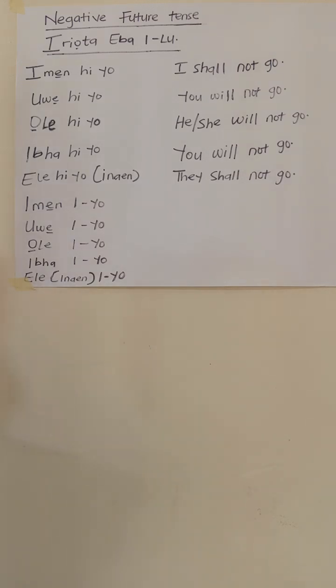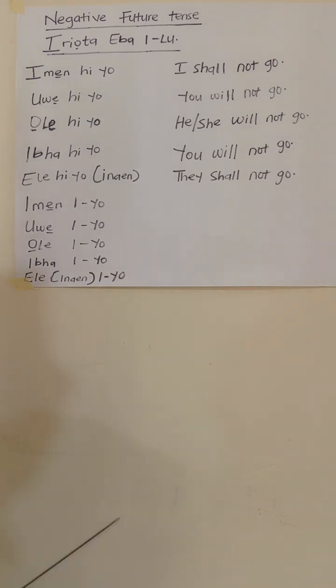Now, for a summary, we have done the present tense, which is categorized into four: simple present tense, present continuous tense, present perfect tense, and present perfect continuous tense. Then, in the case of past tense, simple past tense, past continuous tense, past perfect tense, and past perfect continuous tense.